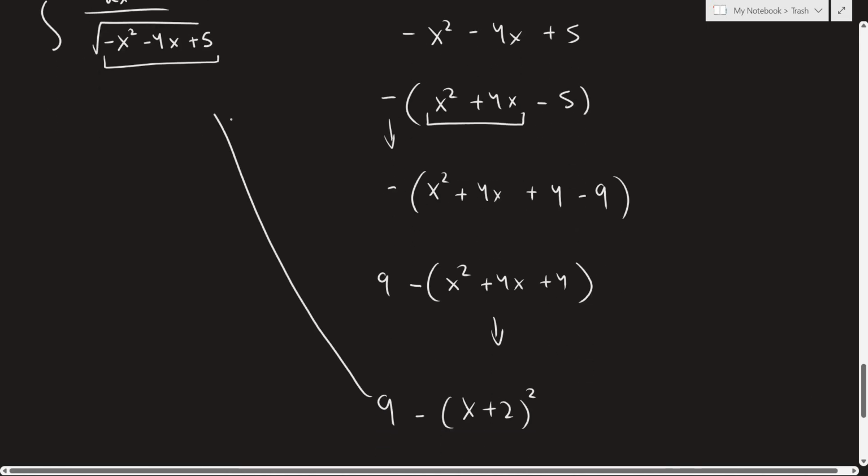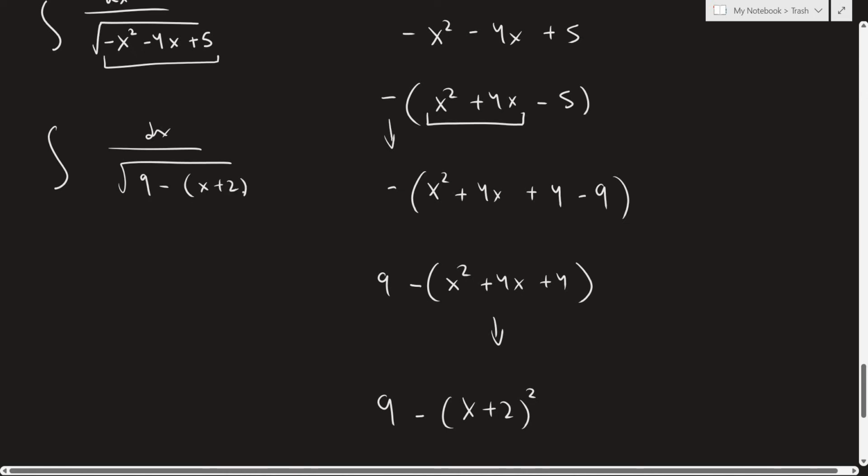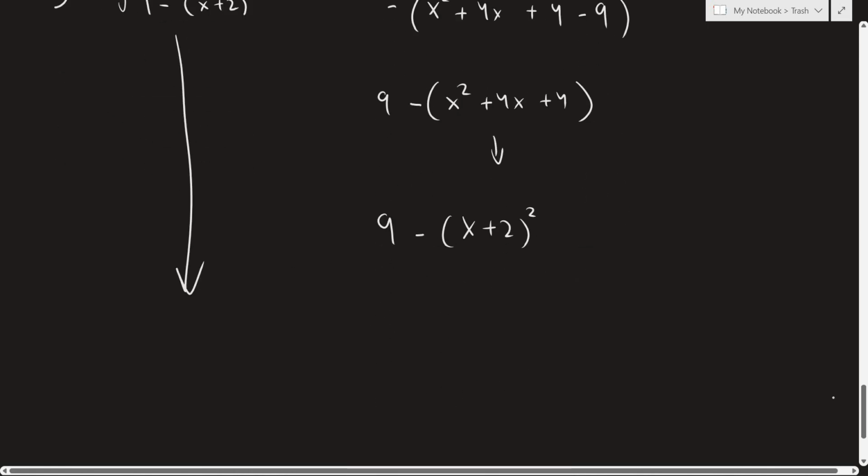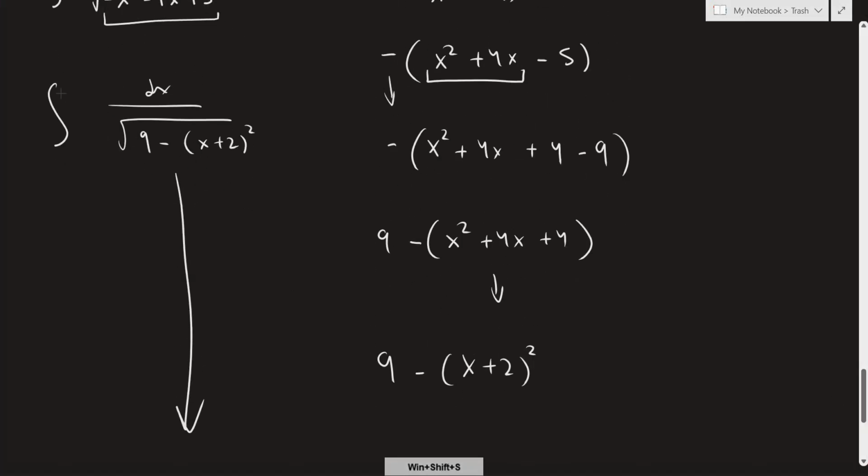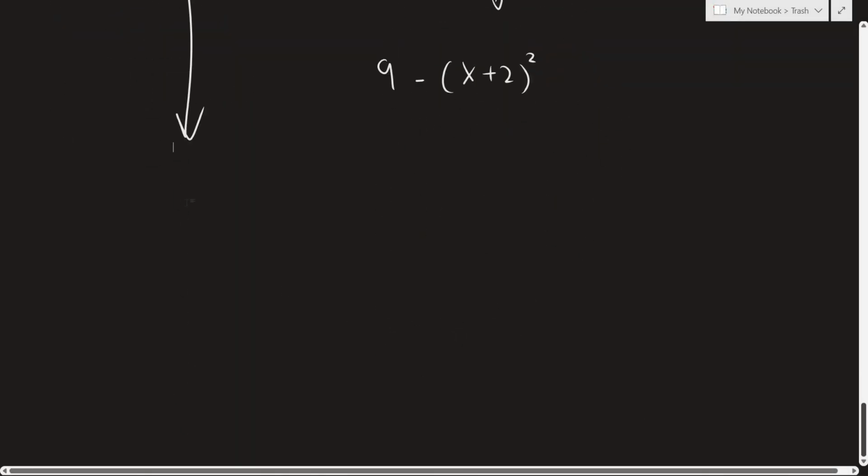Okay, now we replace this here with the radical. So it's going to be integration of dx over radical 9 minus x plus 2 squared. Great, let's have some space here. I'm going to take this here. Let me copy it.